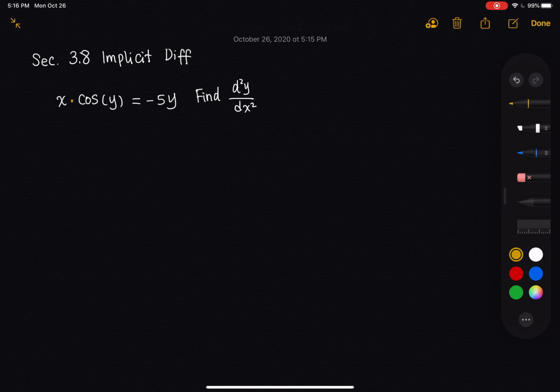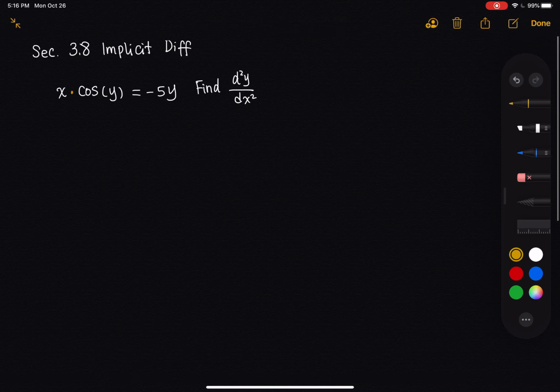So for the left hand side, we get derivative of x, which is just 1, times cosine of y because of the product rule, plus x times derivative of cosine of y, which is negative sine of y.